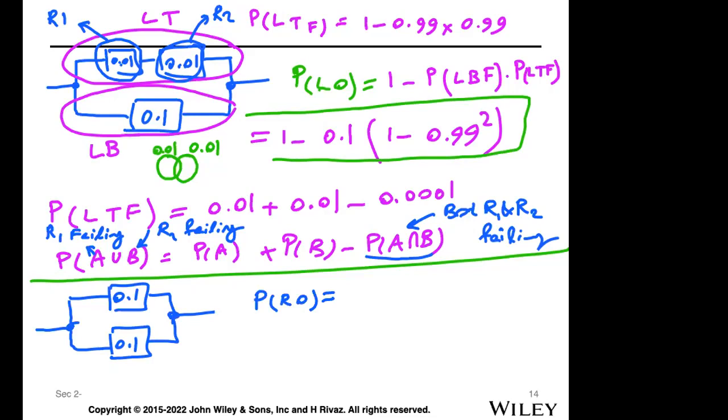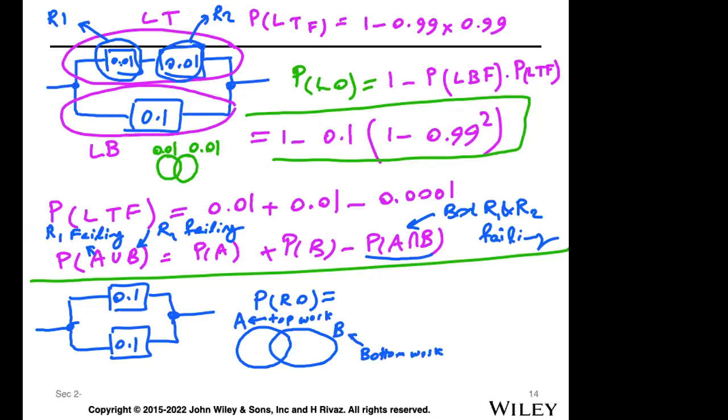So again, I can solve this in many different ways. I can denote my set A as the top path working, and my B here is the bottom path working, right?